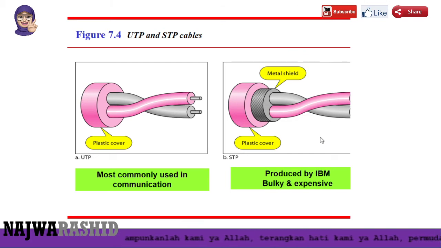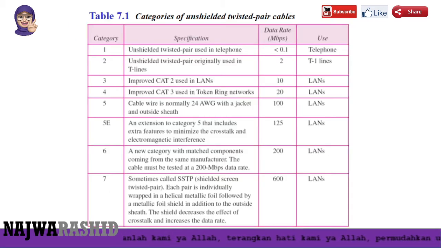Okay, the STP is expensive and produced by IBM, usually used in organizations that have high income. Because they are expensive, probably IBM is the one who used the STP cable in their organization.